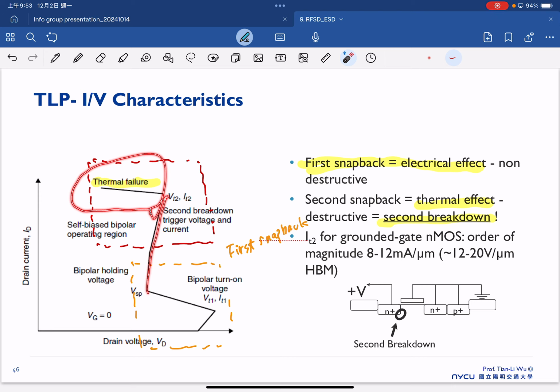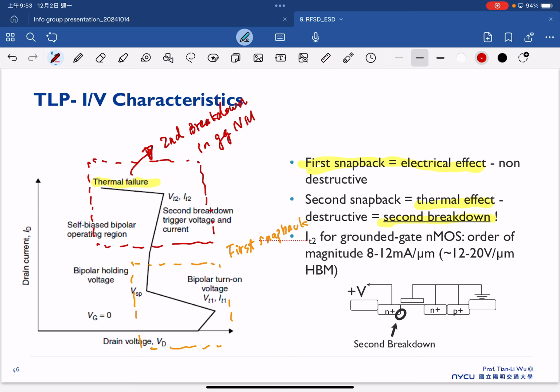That will cause the second breakdown in our GG MOS. So this will cause a destructive event, and it entirely damages our ESD protection device.